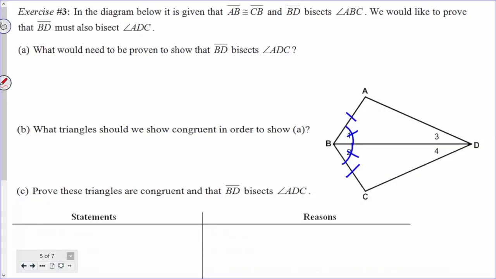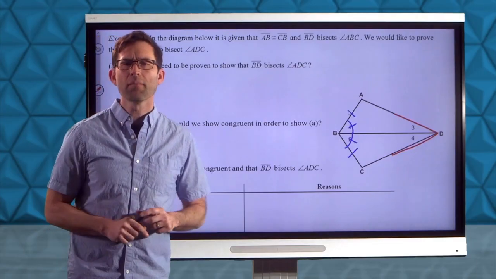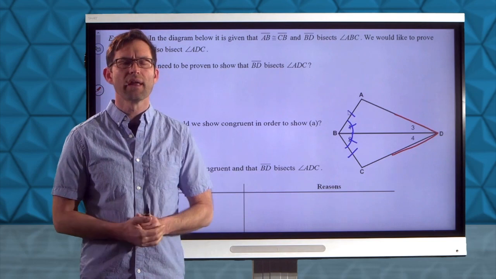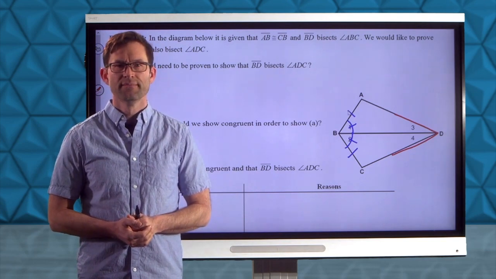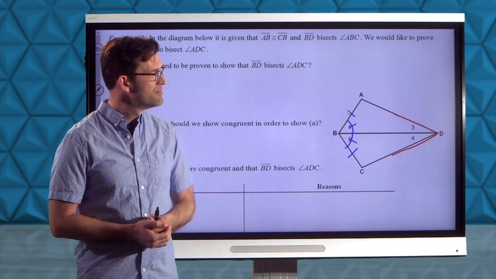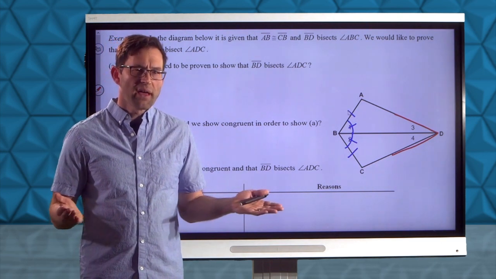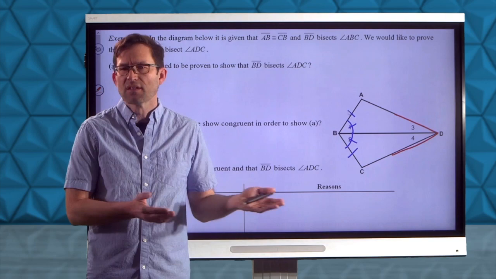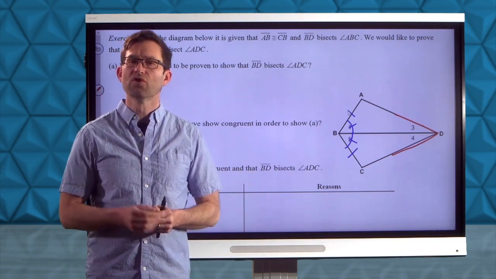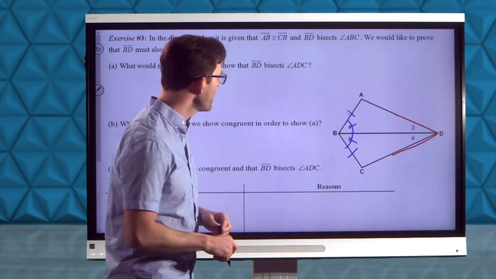Letter A. What would need to be proven to show that BD bisects angle ADC? What would we need to show in order to show that BD bisects that angle? Think about that for a moment. Pause the video and write down what you think we'll have to prove. An angle bisector means that we've split an angle into two equal angles, right?